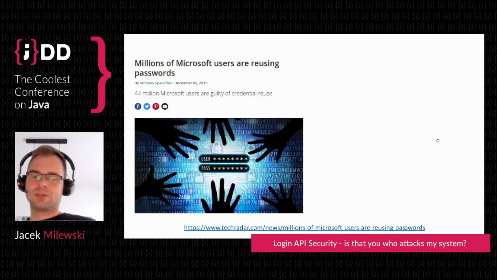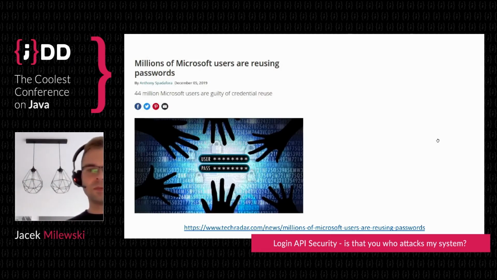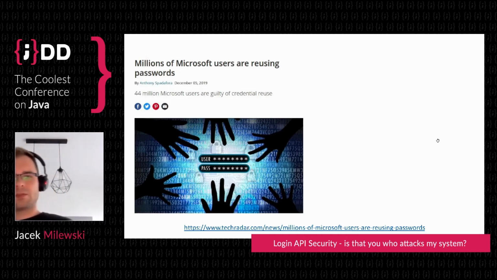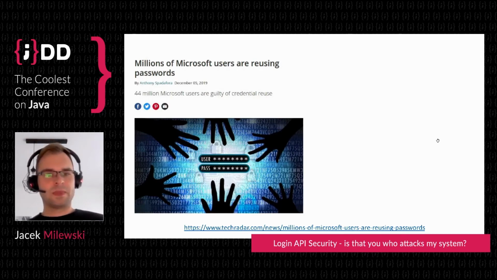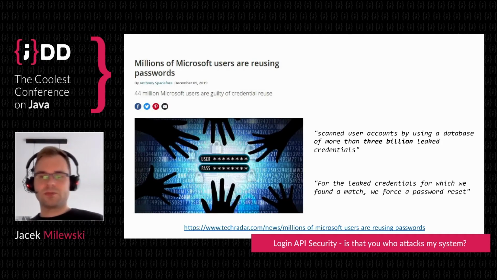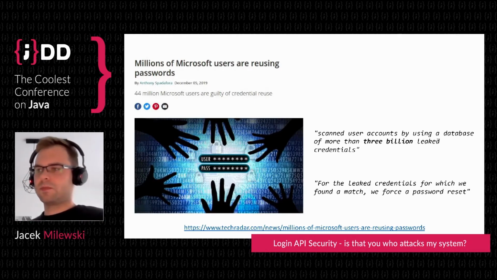And if you reuse the credentials across more than one service, then probably a leak from one service will be used against you on the other service. And here Microsoft says that it scanned 3 billion leaked credentials from published credential databases that have leaked from other services.